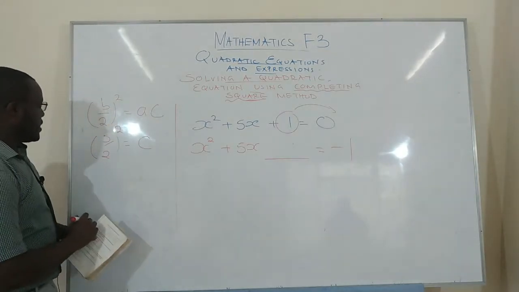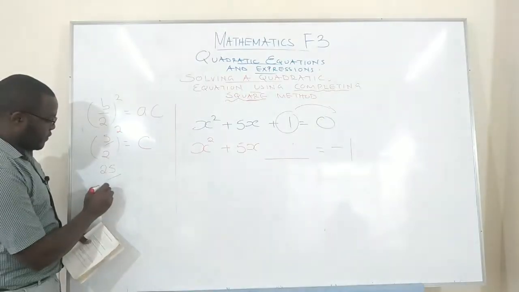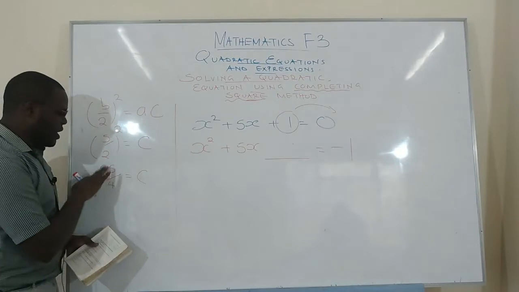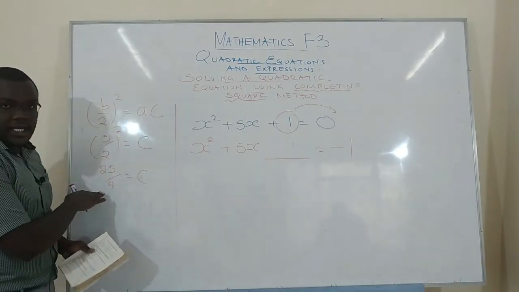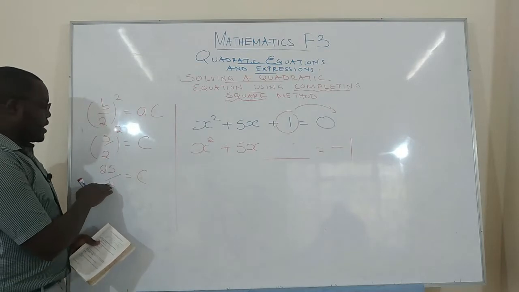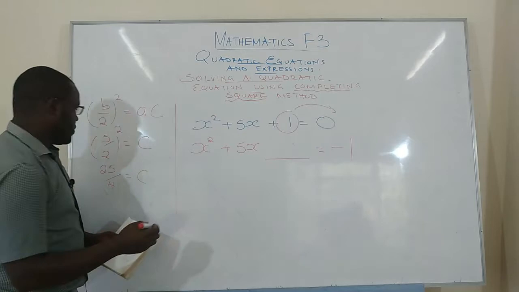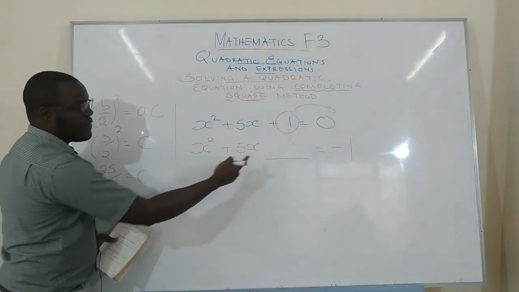Squaring this, we have 25 over 4 is equal to c. I'm going to work with it as an improper fraction, and it will be easier for me instead of trying to divide it. So this c, I fill it here.